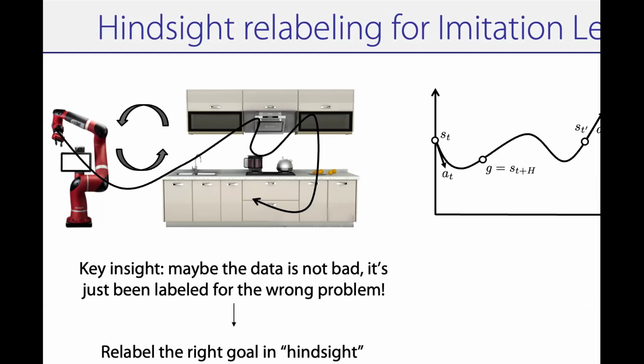Now, optimal is loosely defined because it's not the shortest path to get there. But you can show that if you relabel things this way, it is a valid path to get you to s_{t+H}. Essentially you learn a multi-goal policy, and whenever you collect data, you relabel the data in hindsight to say the goal at s_t is going to be s_{t+H}. Then you get a policy that is surprisingly good.